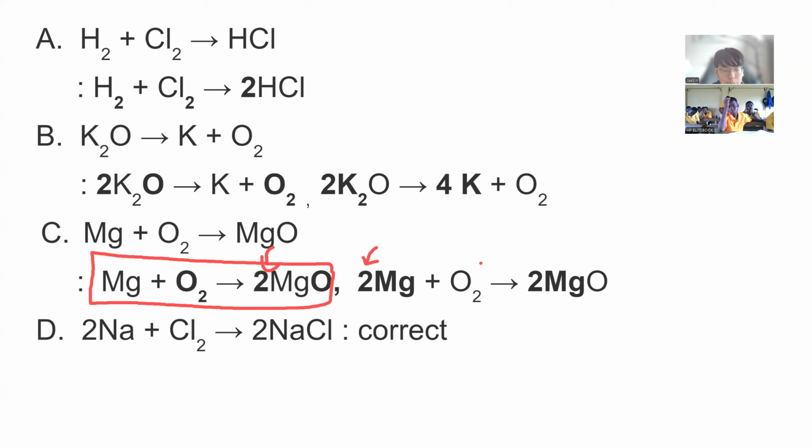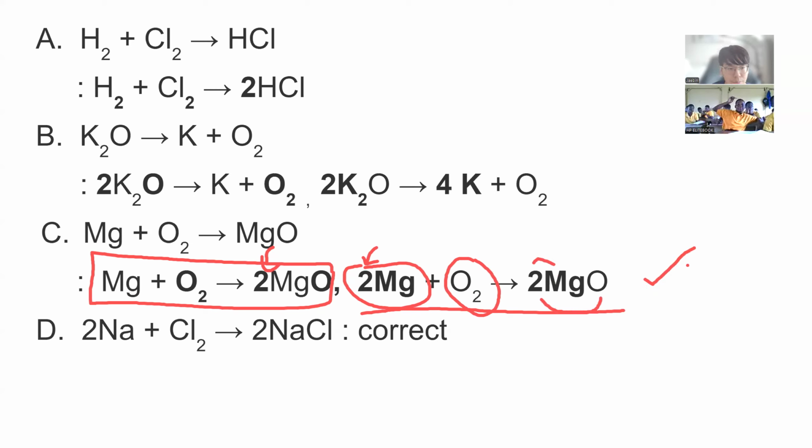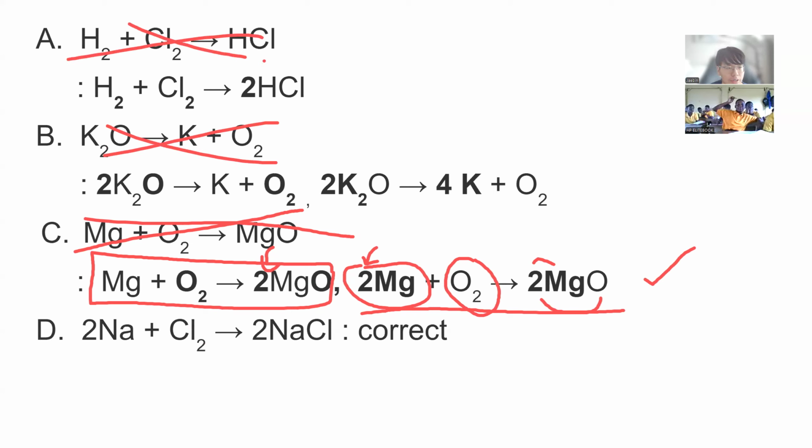This balances the equation. You can see it yourself: 2 magnesium, 2 oxygens, and 2 magnesium, and 2 oxygens. Now this is balanced, but this first part was not balanced. That is why C, B, and A are all incorrect.